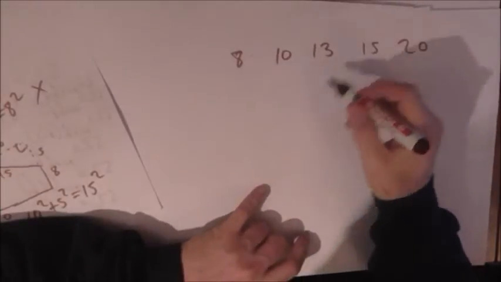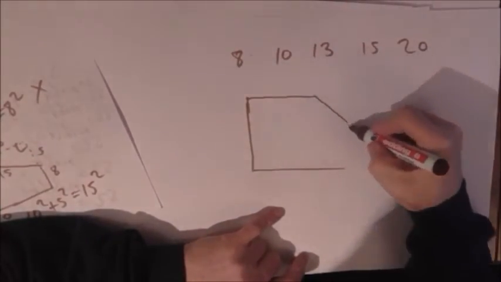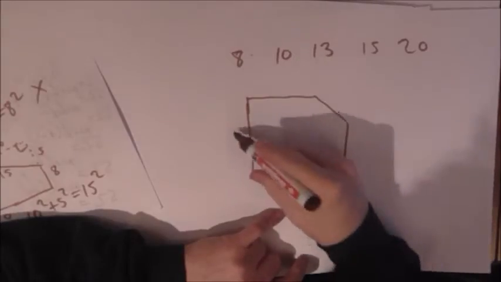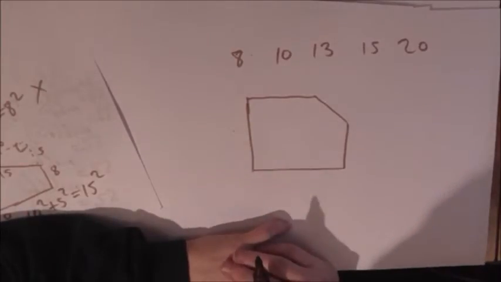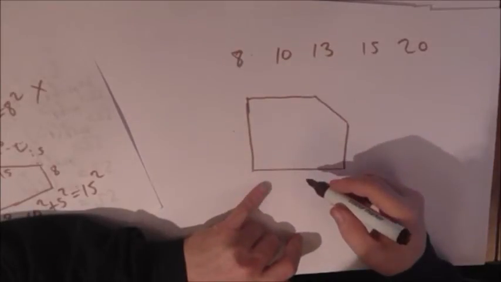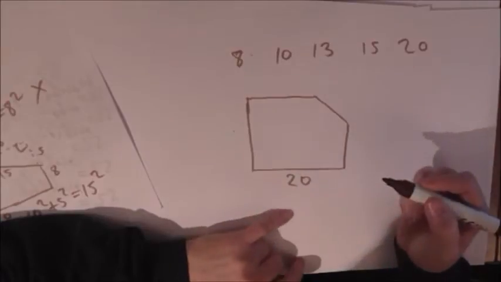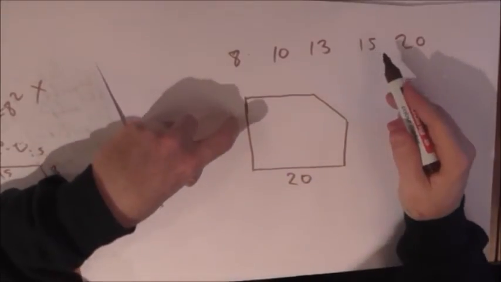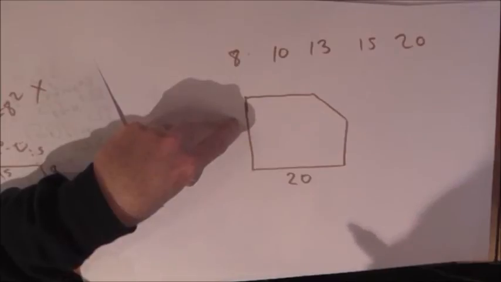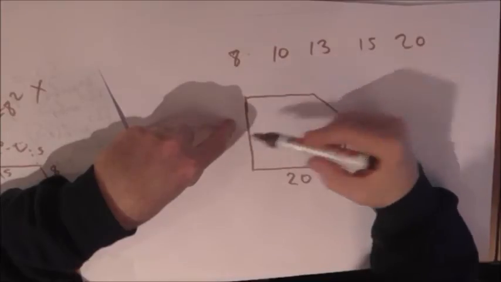I mean, it seems to me that the 20 being the longest side really does have to go there or there. If it used to be a rectangle, that will definitely be so. But it's not true that the next biggest side has to go there, because that could be 15 and that could be 13, or that could be 13 and that could be 15.